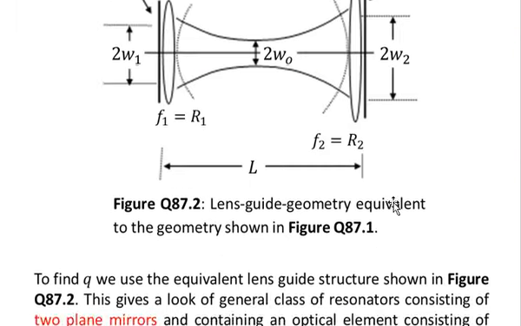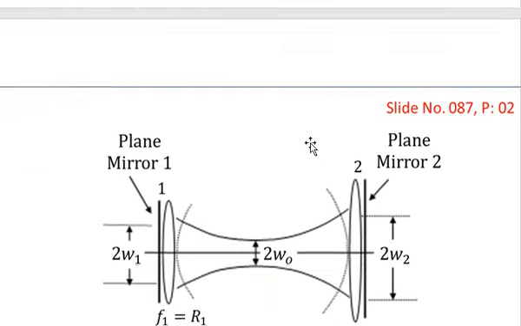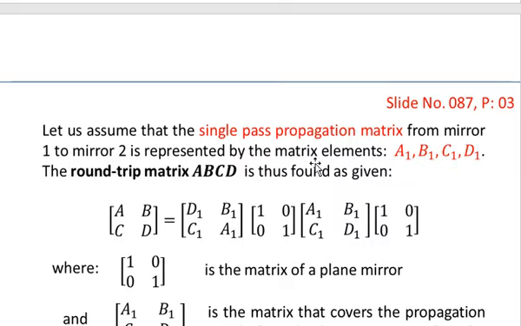So what we did is that we started with a field just in front of the mirror M1, and the light is moving towards the mirror M1. It will be reflected by the mirror M1, so we have the reflection matrix on the rightmost side, which is 1, 0, 0, 1.